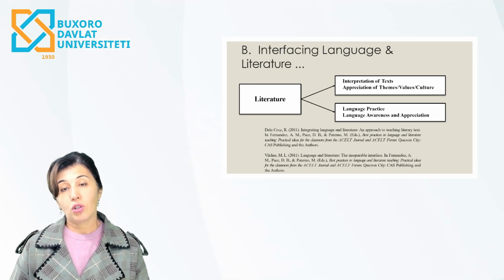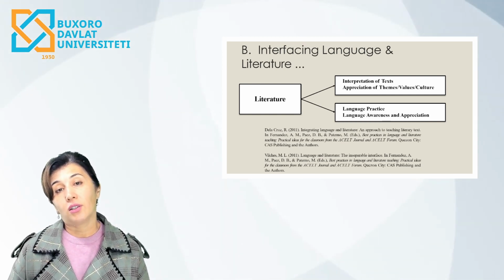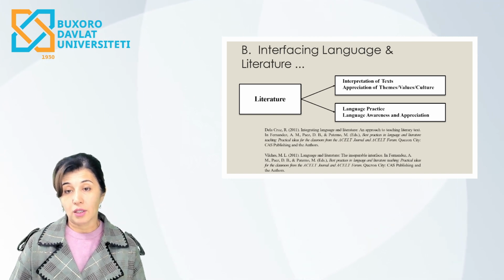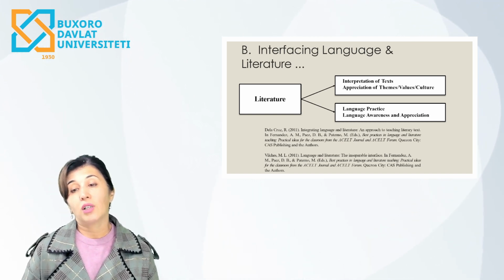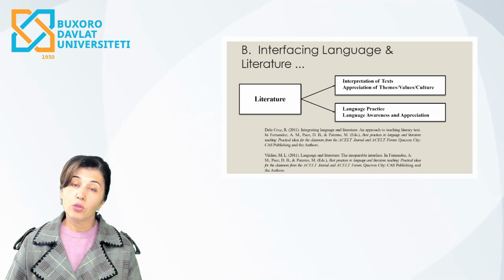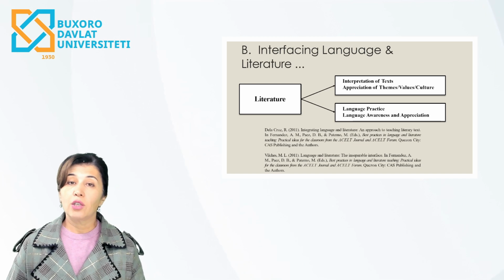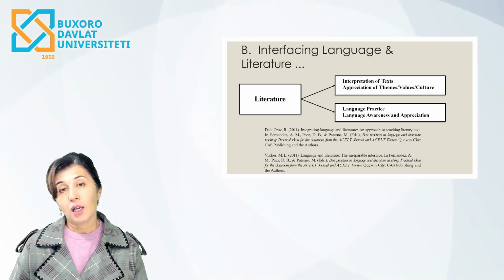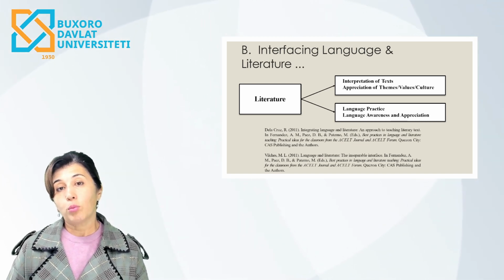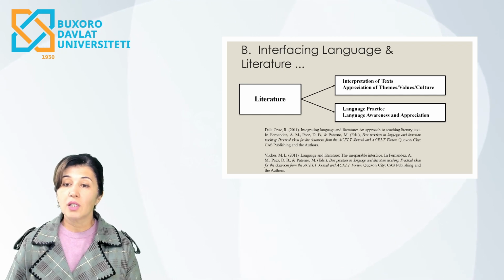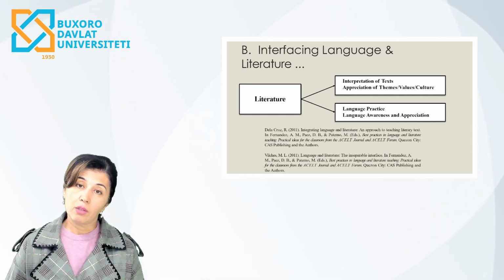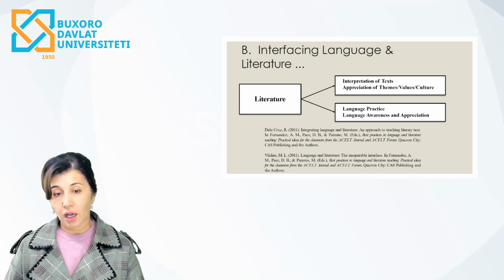But this is usually implemented in higher educational establishments such as universities. But the first one is usually carried out during the school years of the students, where you can use some short text from literary books and analyze it with students, discussing the themes, values, and culture.